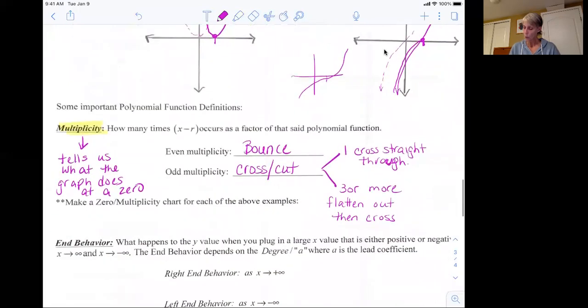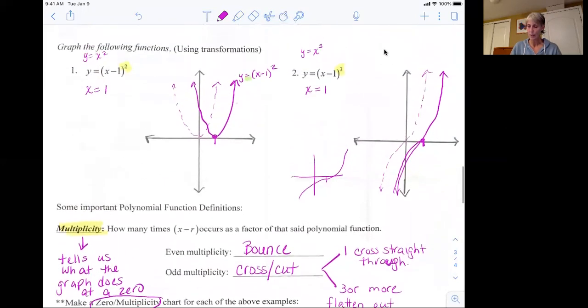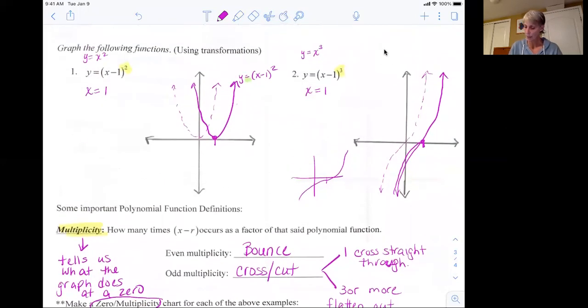In this course, when we're talking about zeros and their multiplicity, I'd like you to use what we call a zero multiplicity chart. We're going to go back up top and make a zero multiplicity chart for each of these examples. In the zero column, you put the actual x-intercept, and in the multiplicity column, you put the power, how many times that factor occurs.